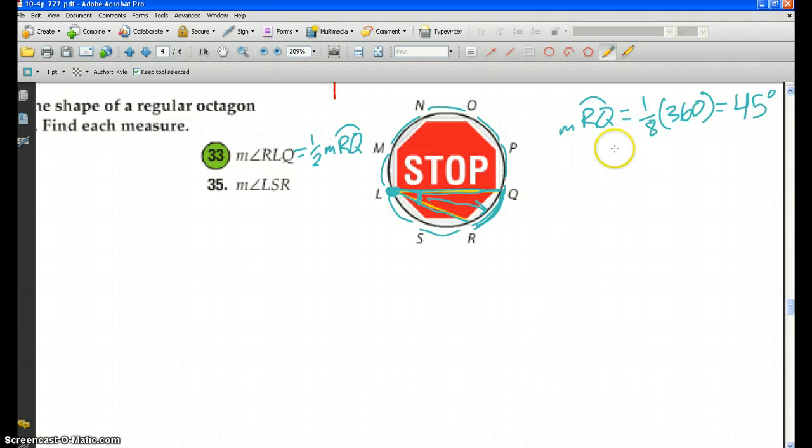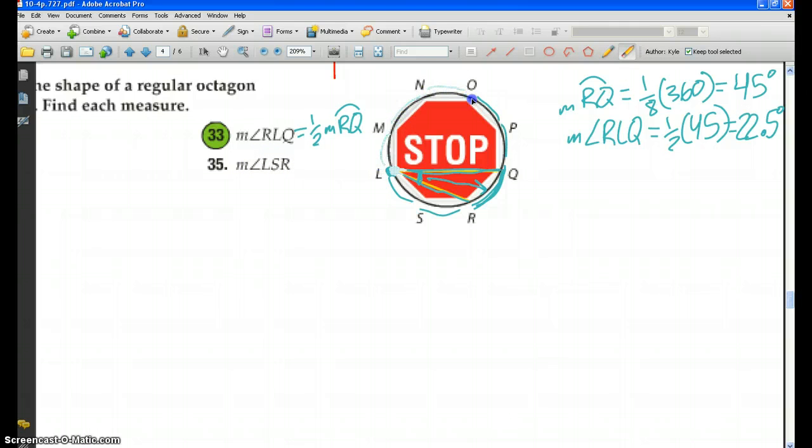Since that's 45 degrees, for the measure of angle RLQ, I want to take half of 45, which is 22.5 degrees.